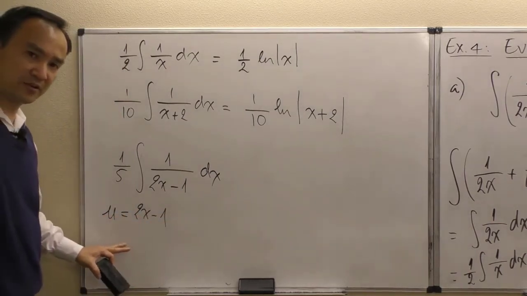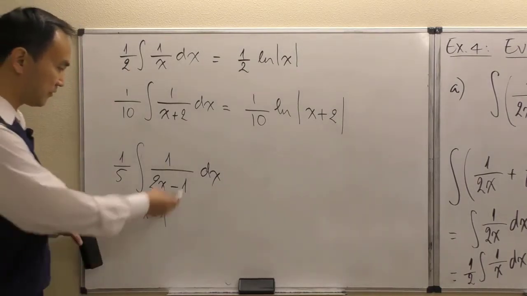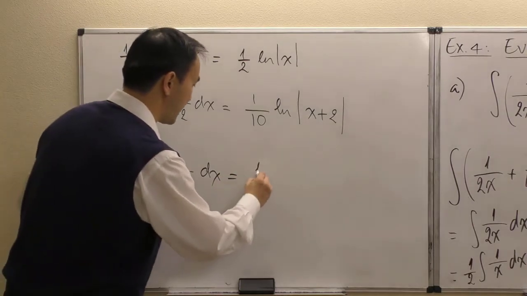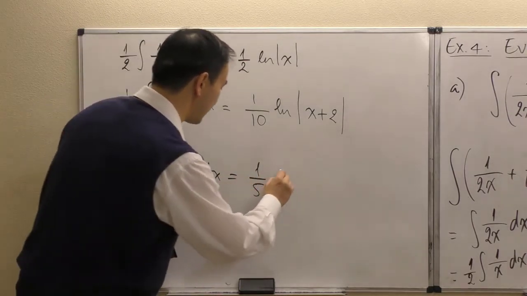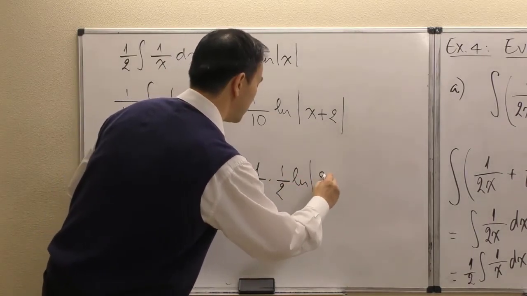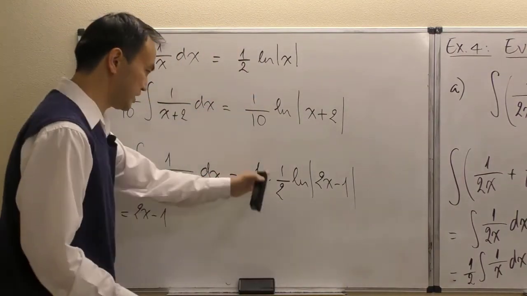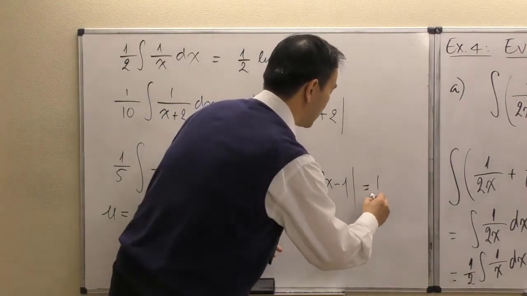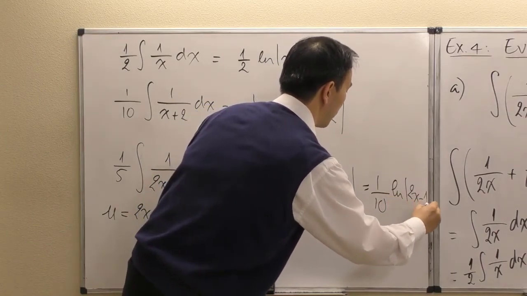Okay, and then viewers can go ahead and pause the video and work on your own right there. But the final integral for this, the 1/5 is still there, but the final integral should have another 1/2 times natural log of 2x minus 1. Okay, or altogether this is here a 1/10 natural log of 2x minus 1.